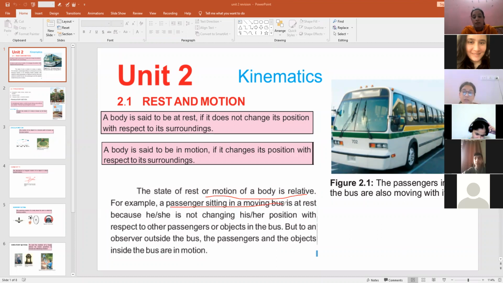This passenger is not changing his position with respect to the other passengers, so we can say that he is in a state of rest in the bus. But an observer standing outside the bus can say that the passenger is in a state of motion. In this way, we can relate the state of rest and motion in some cases, right?